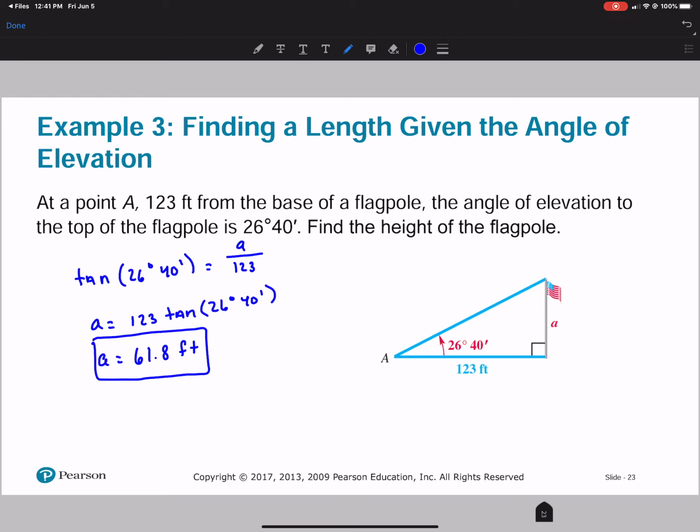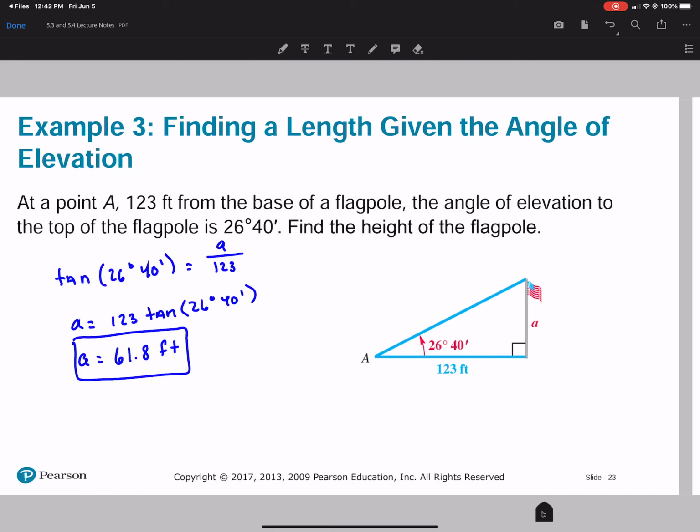Once you get used to using these trig functions and looking at the triangles, and once you do it multiple times, you'll know if one is opposite over adjacent or adjacent over opposite, or stuff of that nature.